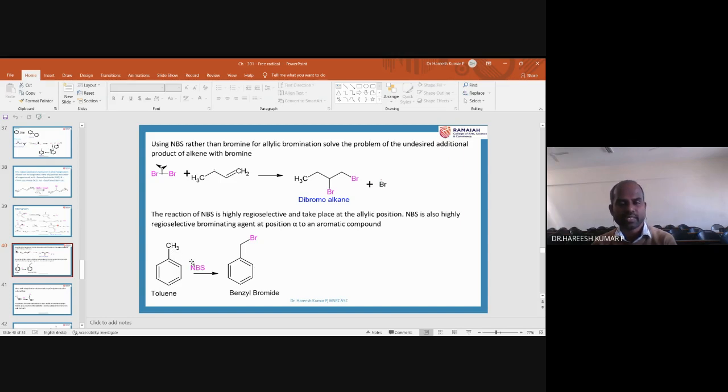So NBS selectively halogenates the benzylic proton. That means one H from the methyl attached to the benzene ring is replaced with bromine, giving rise to benzyl bromide. Benzyl bromide is the product.